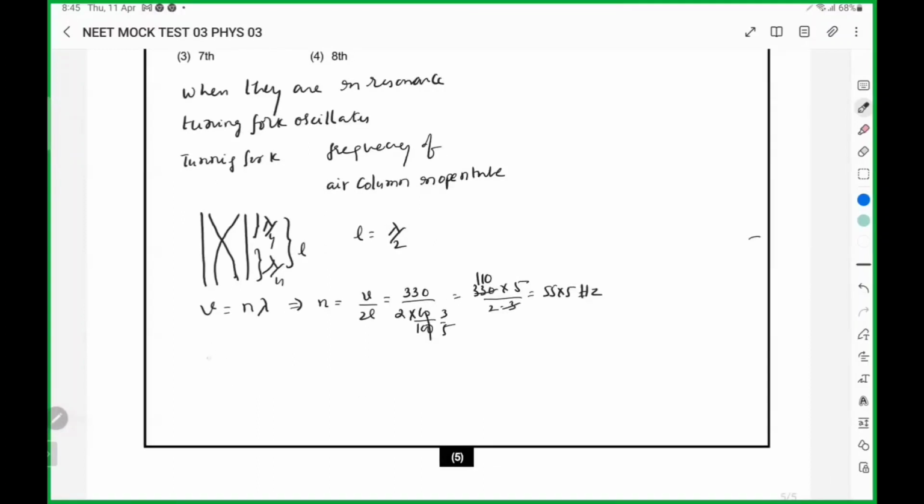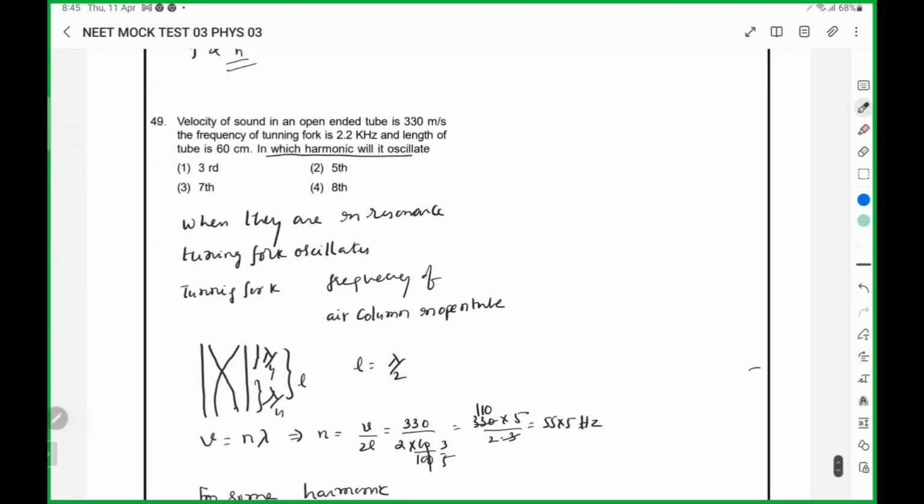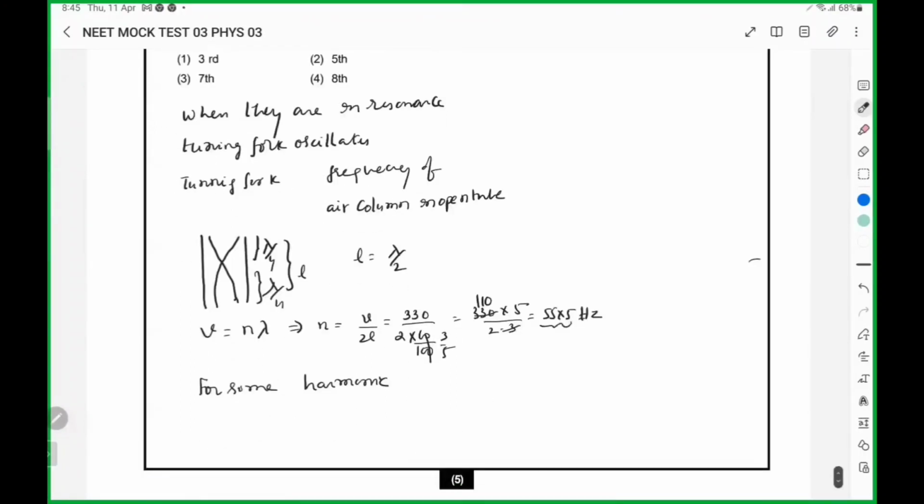For some harmonic, as 2.2 kilohertz is greater, the frequency of the air column increases. We don't know the nth harmonic.